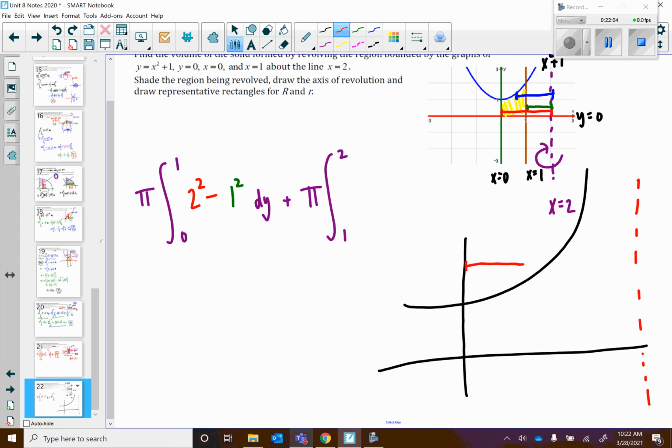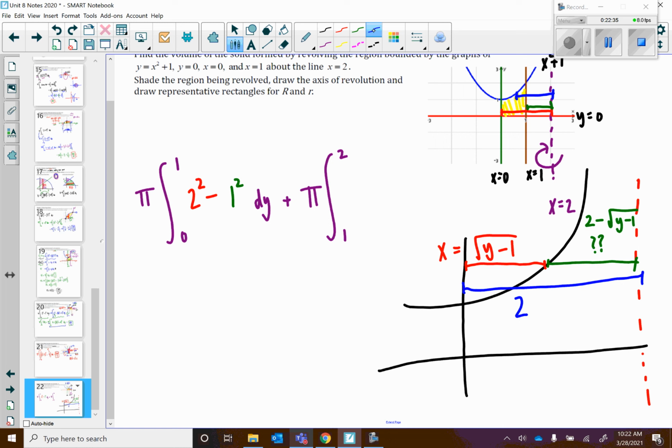So this distance is the square root of y minus 1, this x distance. If I want to figure out what this distance is, this is my question mark, I want to take my entire length here and subtract from it that red. Well, the entire length is 2, so the green would be 2 minus the square root of y minus 1.